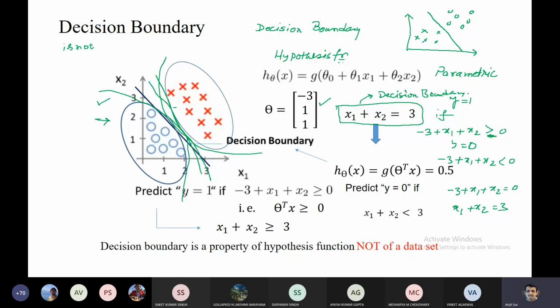So definitely this decision boundary is not defined on the data points.